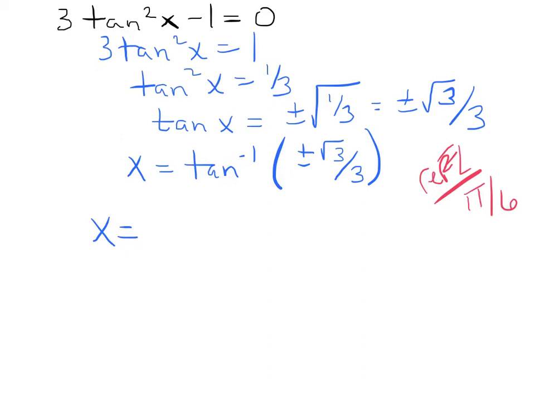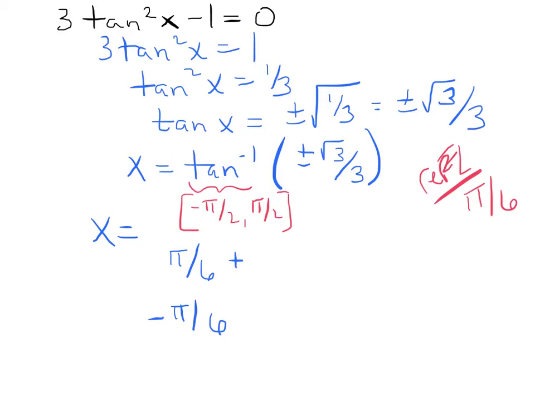Now, the inverse tangent, remember, is only defined from negative pi over 2 to pi over 2, when we talked about those inverse functions. Which means to get that square root of 3 over 3, the positive value would give me pi over 6. The negative value would give me negative pi over 6.